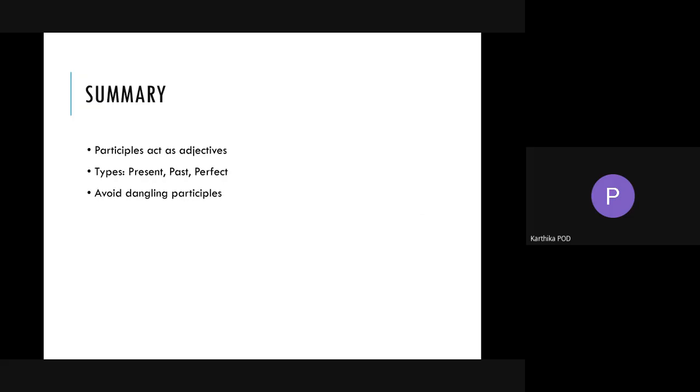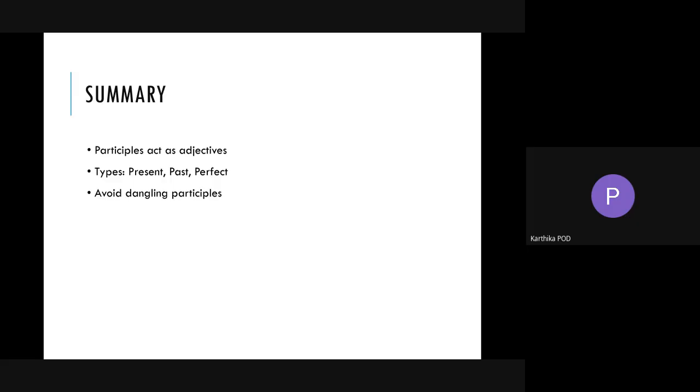Okay. So, to sum it all up, participles act as adjectives. So next time, even in clauses, don't get confused. Now that you know participles, seeing this you will know, okay, this is an adjectival clause and not adverbial.